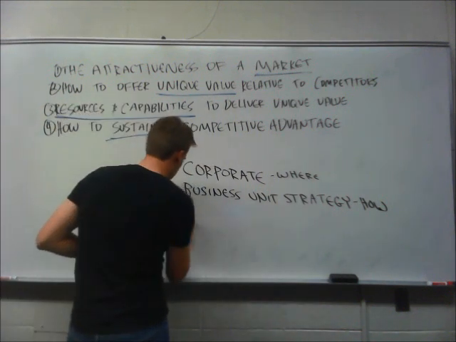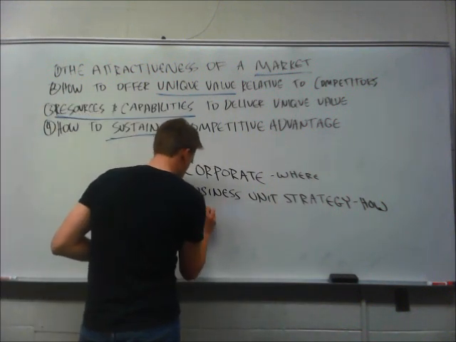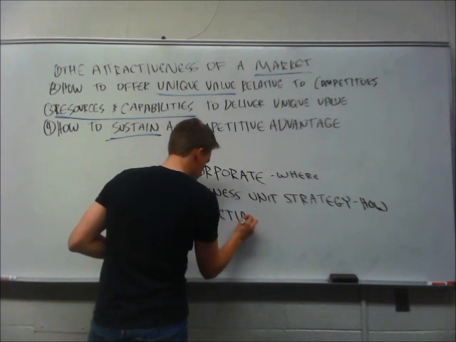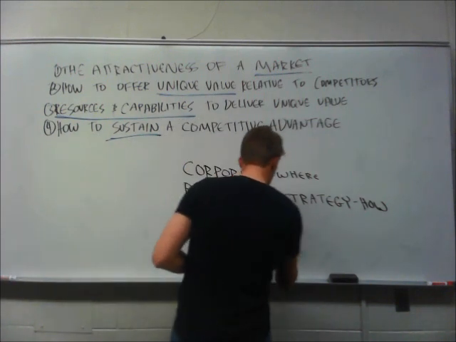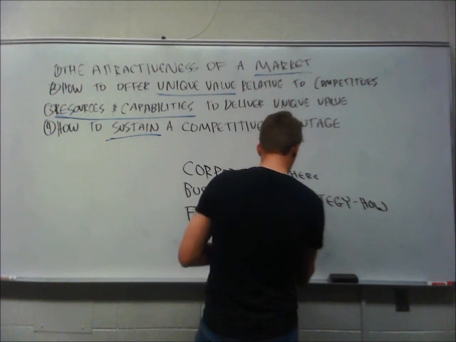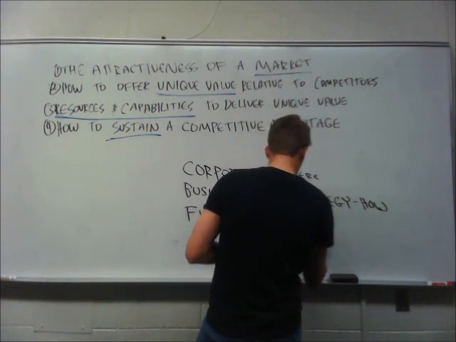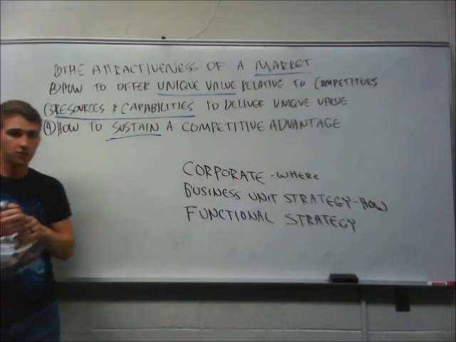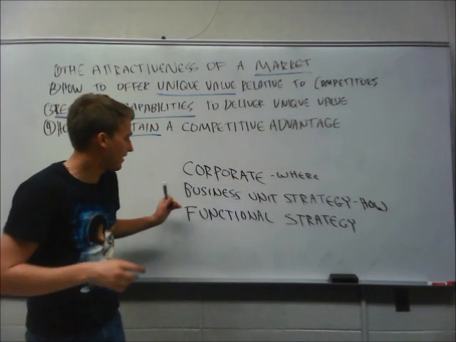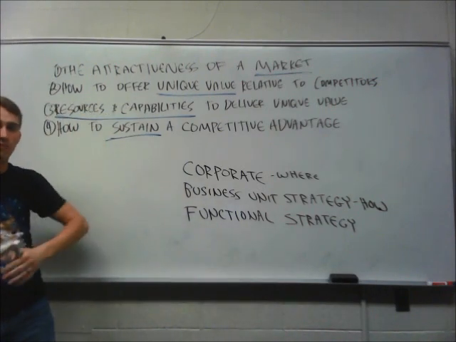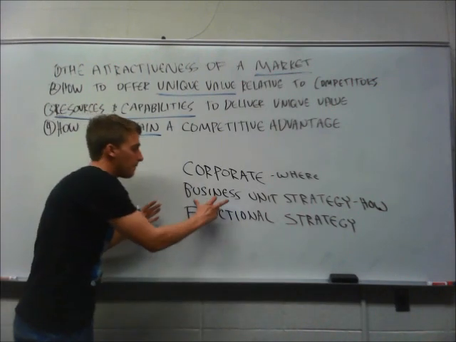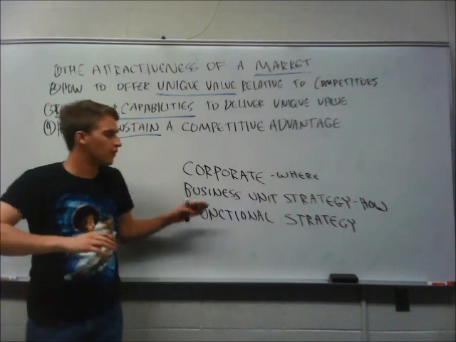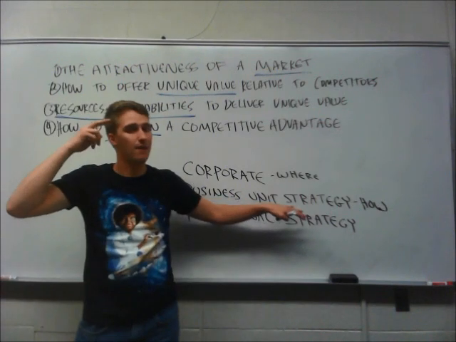And then the last one being the functional strategy. So this is looking not at the whole business unit. Try to break it down like that in your mind if that helps.